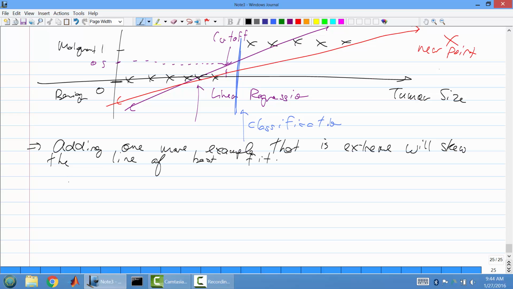Okay, and that means more data will be misclassified, or it can be misclassified. Okay, and classification is unaffected.